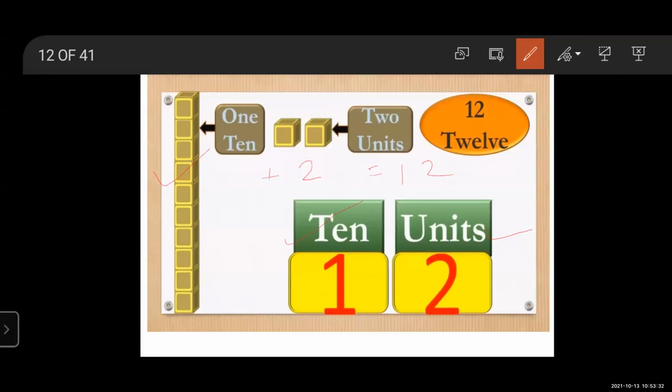Okay? And what is the spelling of 12? How to spell the word 12? T-W-E-L-V-E, 12. Okay, children? So write down the number form like that, 12, and spell the word T-W-E-L-V-E, 12.